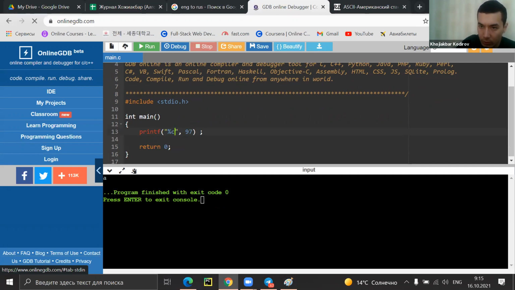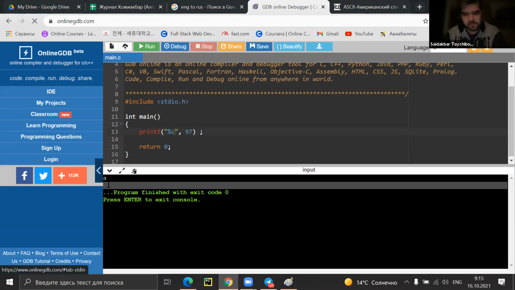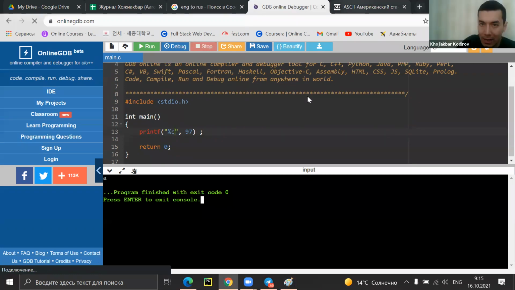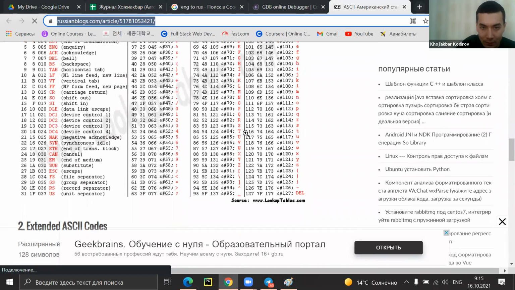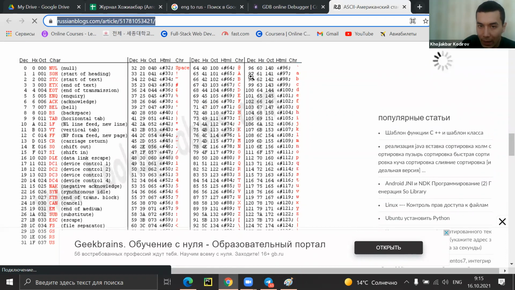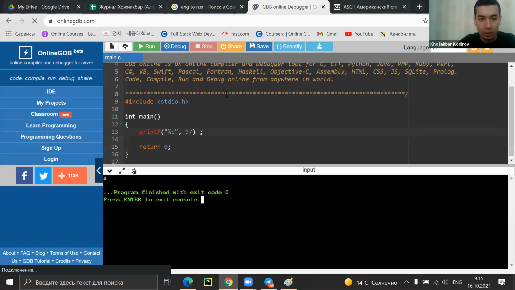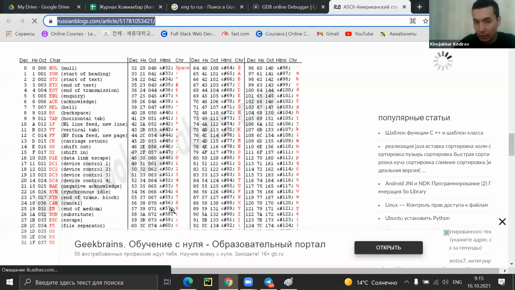Is it visible for you? Why is it printing a? Because in the ASCII table, if we look at 97 in decimal, we have the character a. If you write an integer number, it will look in the table in the decimal part and print the exact character representation of it.